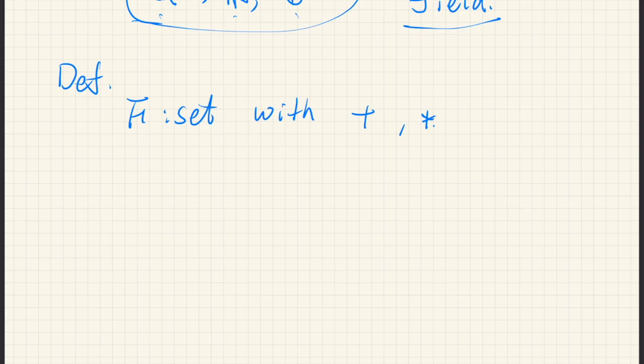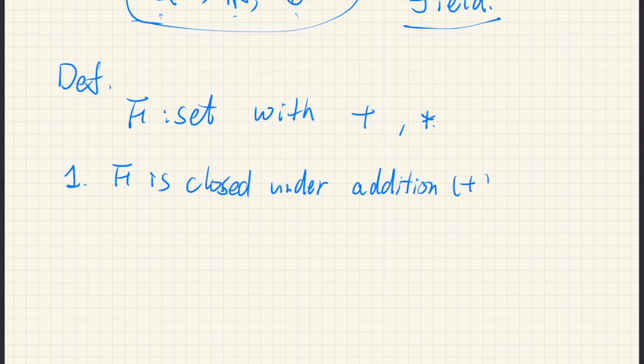That is, 1. F is closed under addition. That is plus operation. So this plus and multiplication, they are binary operators.